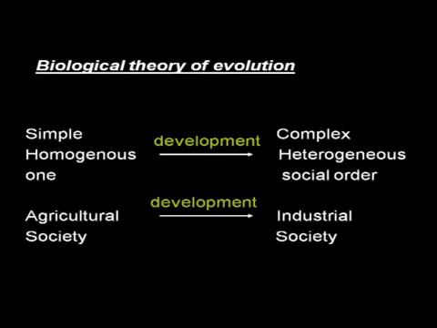For this, we can take very simple societies like agricultural society or a tribal society, which is not very much differentiated. These societies are very simple. All the people in that society are similar. They adopted the same culture, spoke the same language, had the same kind of food, and therefore, the whole society was so simple.